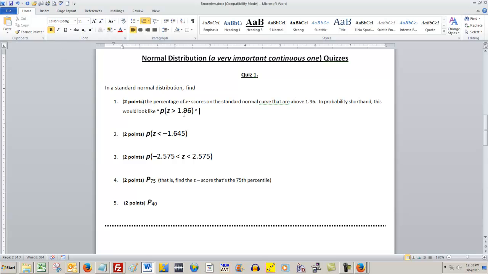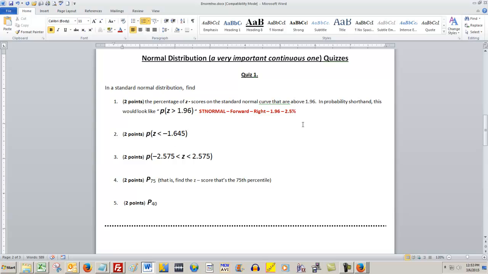To get this decimal equivalent on the TI, you'd have to start up normal, okay? And then it's a forward problem because you have a z-score and you want the area or the percentage. You're shading to the right because it's a greater than sign, okay? The left bound is 1.96, and when you press enter, it's going to graph, and your final result is going to be about 2.5%.